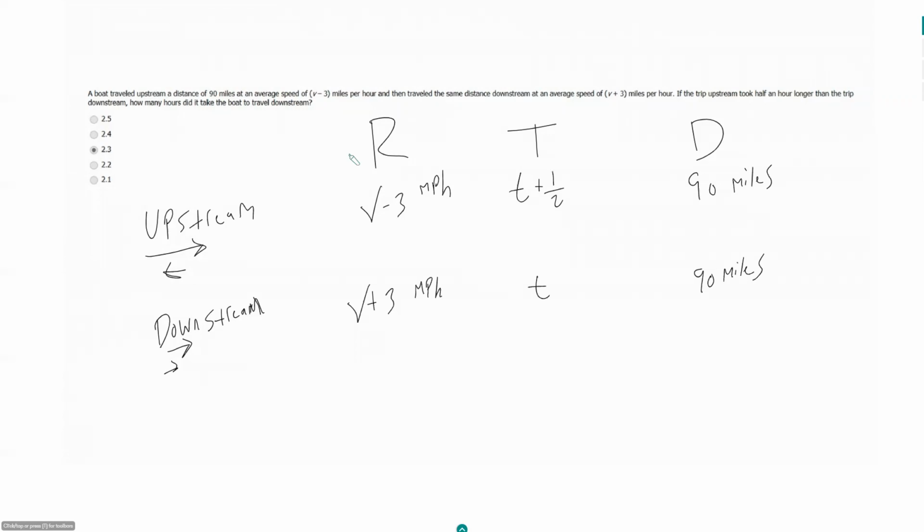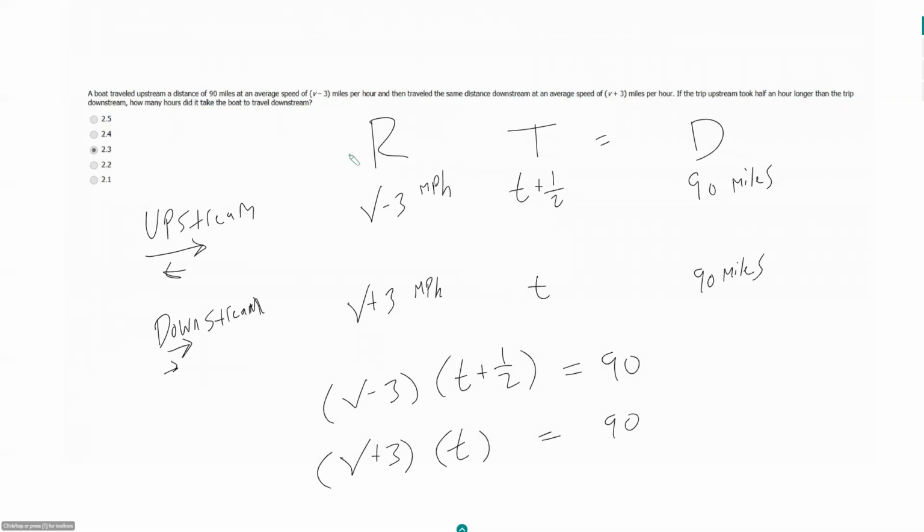Okay, and so we should be able to do this because we got two equations. Rate times time is equal to distance, so v minus 3 times t plus 1/2 is equal to 90, but we also know v plus 3 times t is also equal to 90. So we can set these equal to each other.